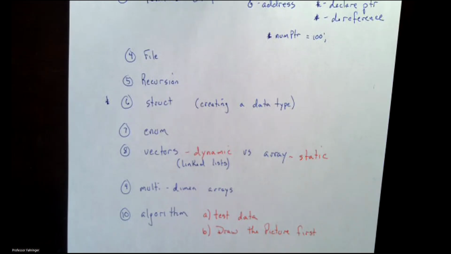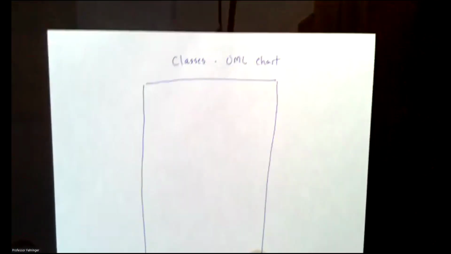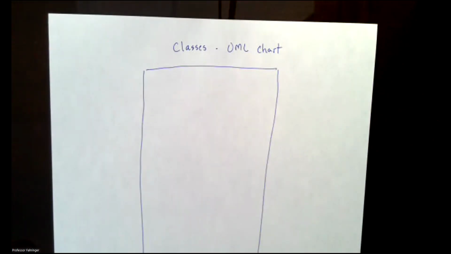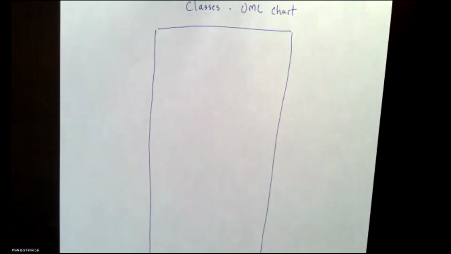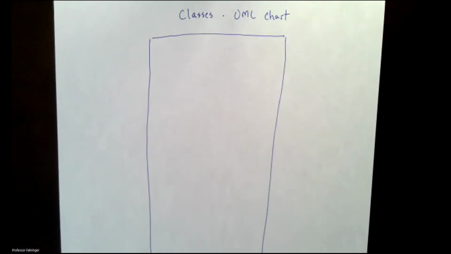Okay. Going back a little bit in time, I'm going to go to a little bit of class review. Class review is going to be this UML chart, and we're going to be doing a lot with this. Let's go back to that class in 161.